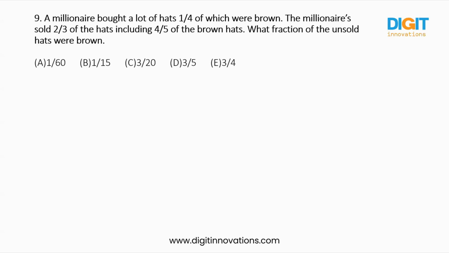By removing the sold hats, I'll get the remaining unsold hats, right? So I'll get how many unsold hats there were in the total brown hats. I want to find that as a fraction: unsold brown hats by total unsold hats. Okay, so let us solve the question.